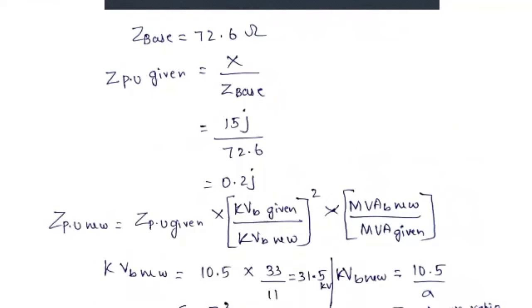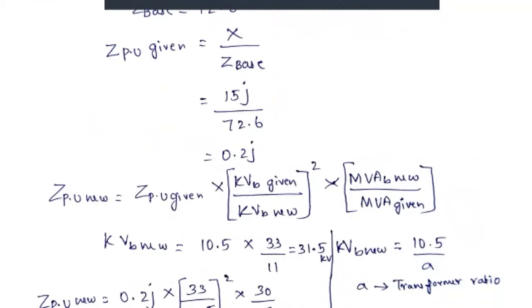Next, we need to calculate the Z per unit new. Z per unit new is equal to Z per unit given into (kV base given divided by kV base new) the whole squared, into MVA base new divided by MVA base given.